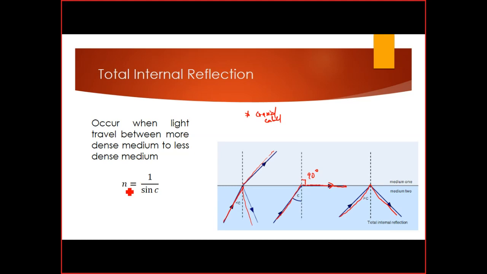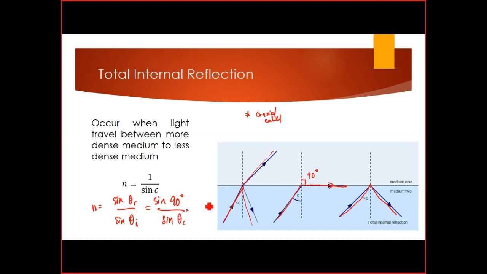As usual, this is n equals 1 over sine c. What does this imply? If you remember, n is equal to sine theta reflected divided by sine theta incident. Now, when the angle is critical, the refracted angle will be 90 degrees. So it is sine 90 degrees divided by sine theta c.